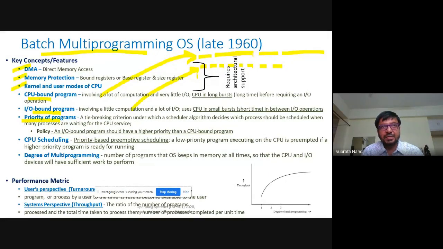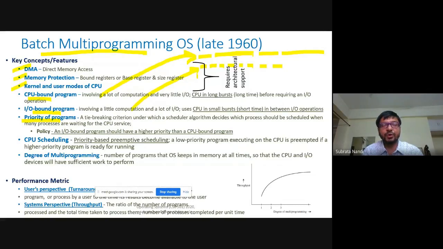If you give us the CPU, we will use it for just a small piece of time, but without that time we cannot go and make the IO busy also. So that's a problem. In such a case, if you give priority to a CPU bound job, the CPU utilization is good, but the IO utilization will fail.